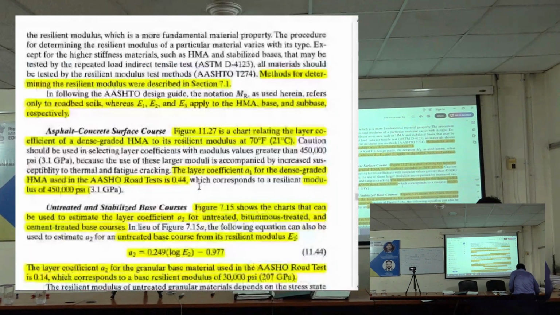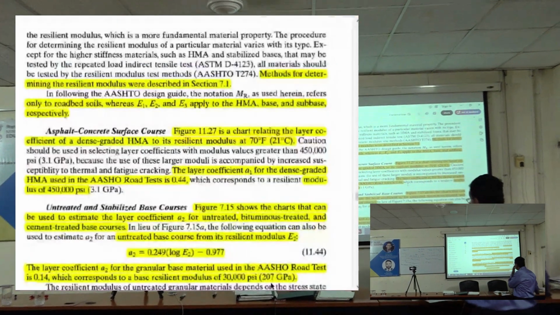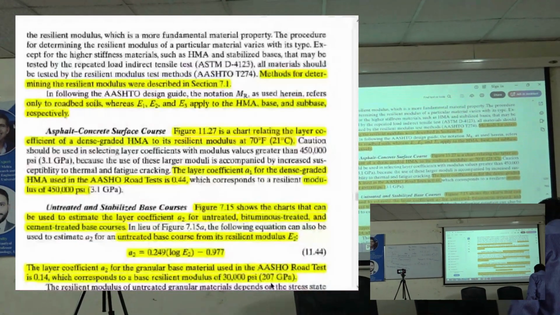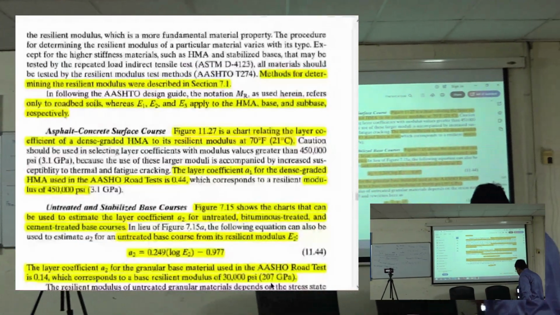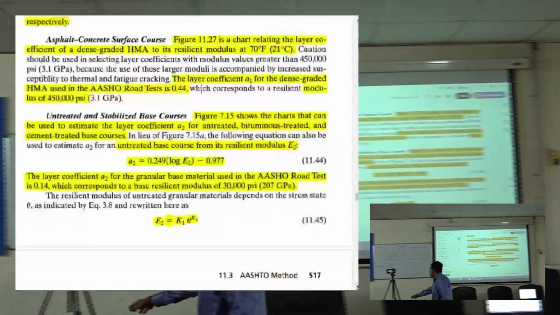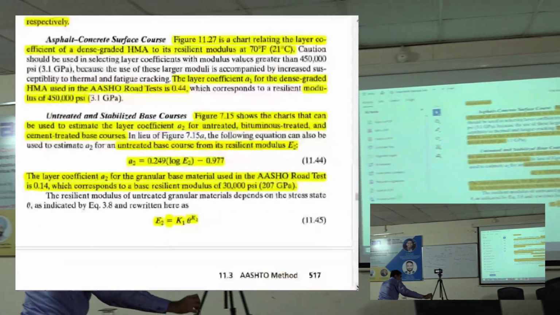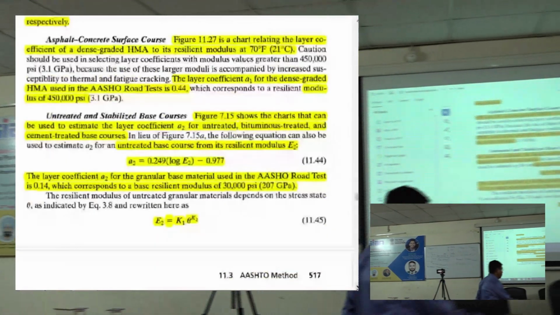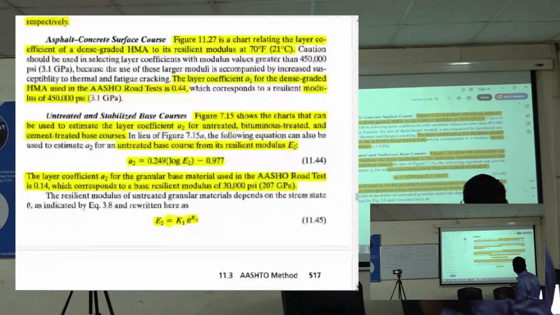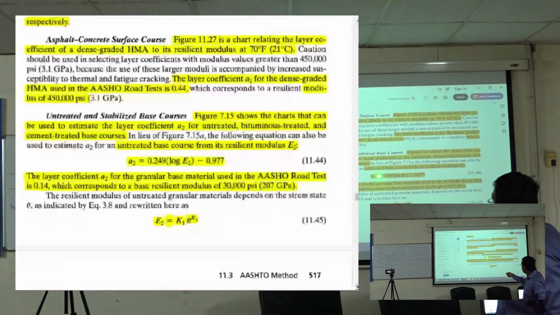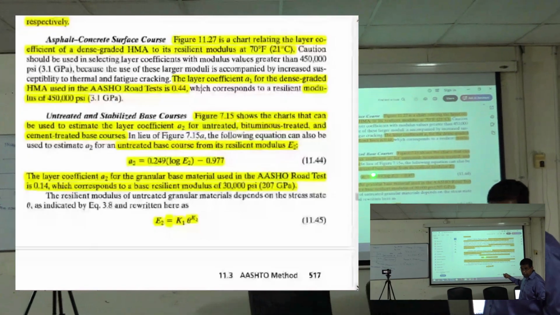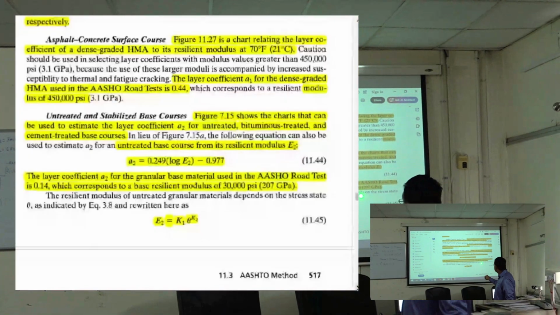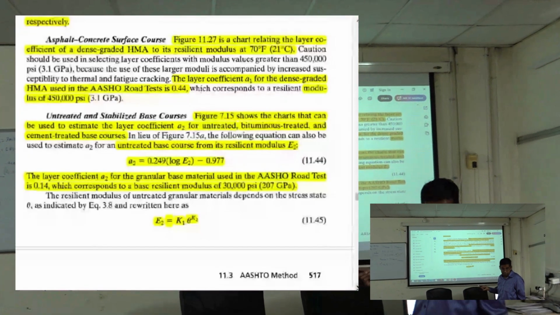A2. The equation is right here. Okay. For untreated and stabilized base, A2 is 0.249 log E2 minus 0.977. Got it?